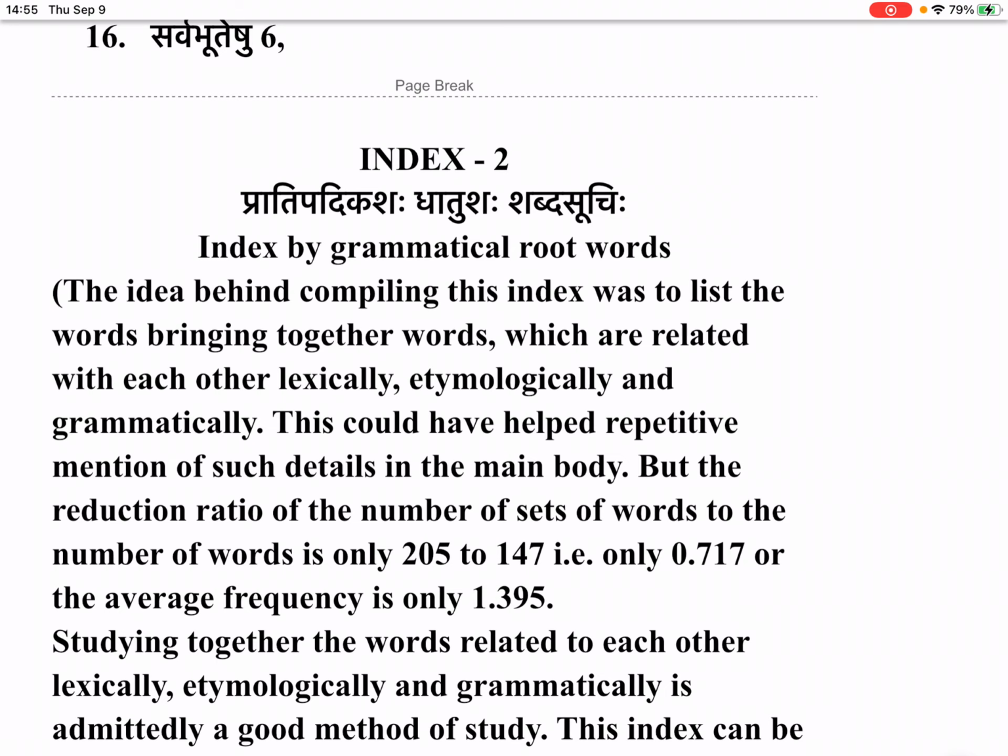This could have helped avoid repetitive mention of such details in the main body, but the reduction ratio of the number of sets of words to the number of words is only 147 to 205. That is only 0.717. Or the average frequency is only 205 upon 147, that is 1.395, not even twice.